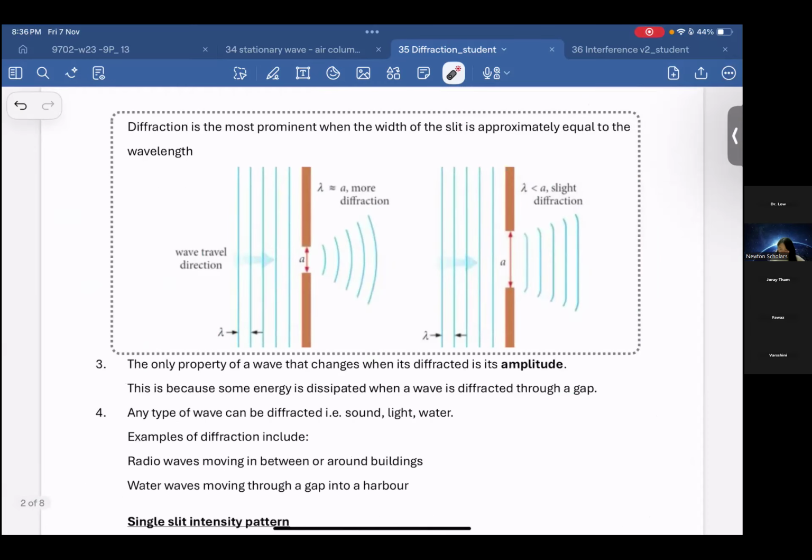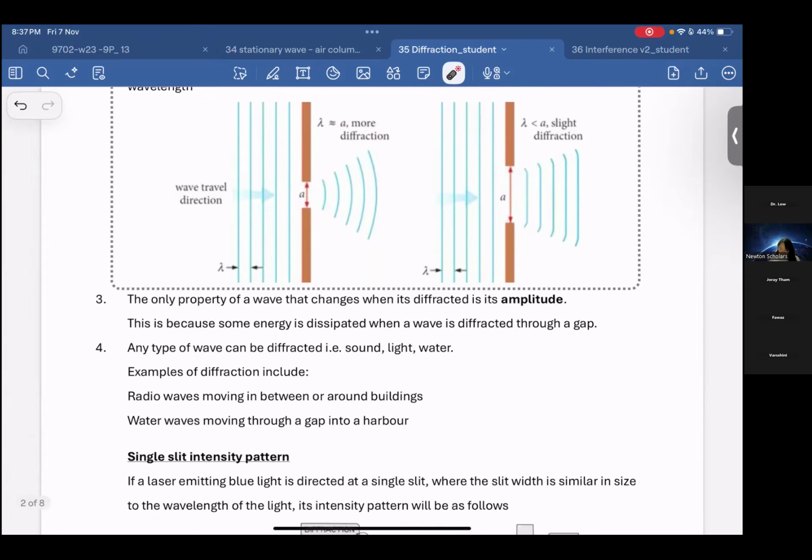So next, in A level, we add one more. For diffraction, the best effect is when the gap size is almost the same as the wavelength. Under this condition, this is the best spreading out effect, which is the diffraction effect.